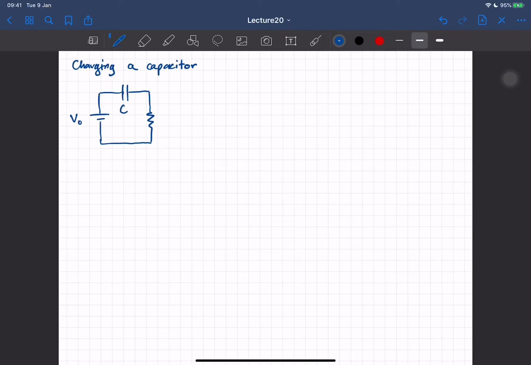You might be wondering, do we really need a resistor here? Well, the answer is yes, because you might think that we maybe don't need it. Can we just connect the battery to the capacitor directly? But you still need resistance in the circuit, because otherwise strange stuff is going to happen.